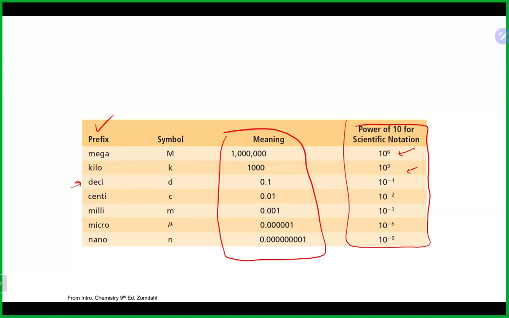And just so you know how to properly do this, for example, if we looked at our friend kilo there, kilo basically means 10 to the 3. By the way, that is scientific notation of 1 times 10 to the 3 is basically what that means when it just says 10 to the 3. We will talk about scientific notation a little bit later on in this chapter if you're not familiar with it, but that's basically what that means.